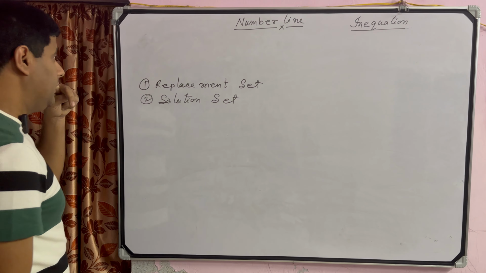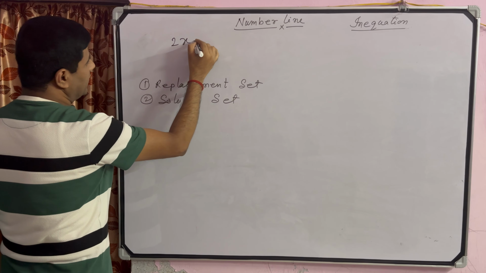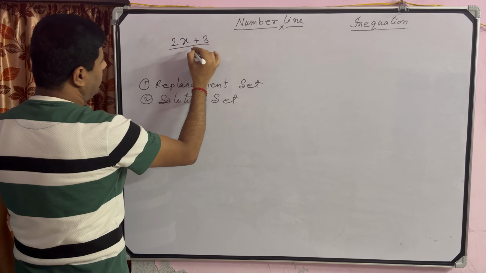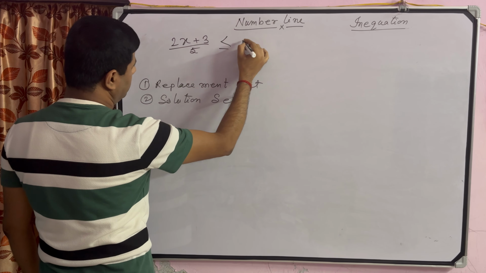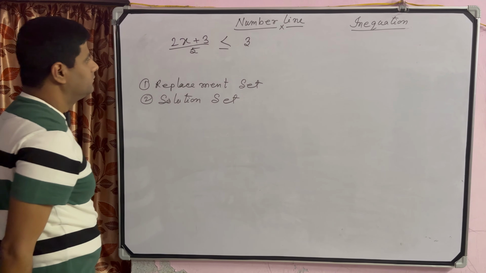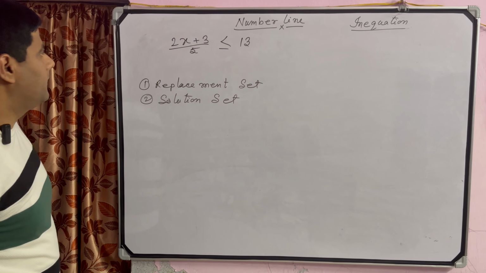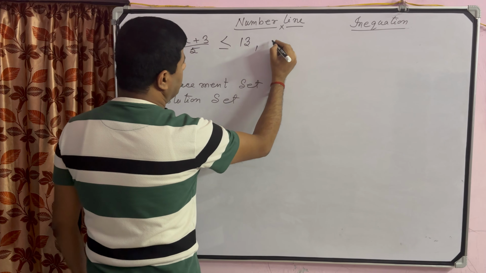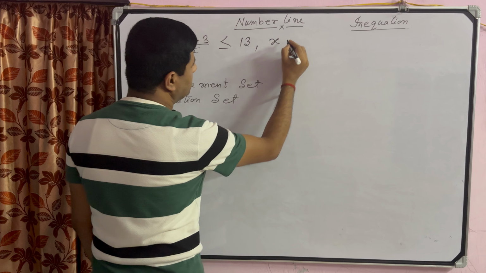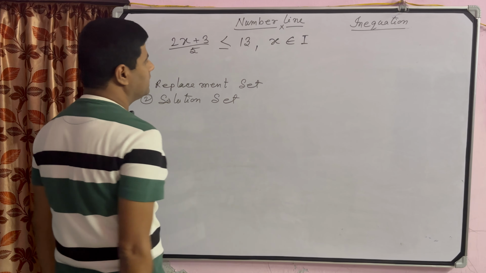So whenever you have a question, like suppose you have a question like this, 2x plus 3 by 5 is less than equals to 13. Okay. Now there must be written what is x. x might be integer, correct.